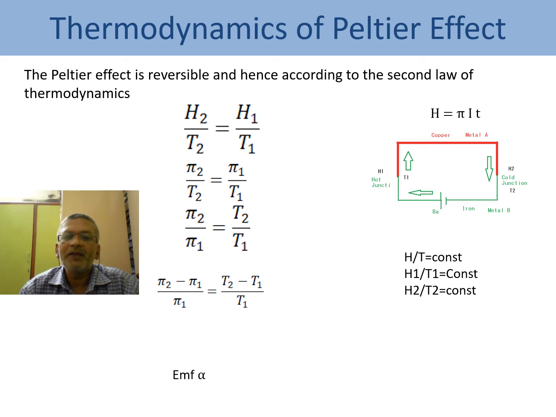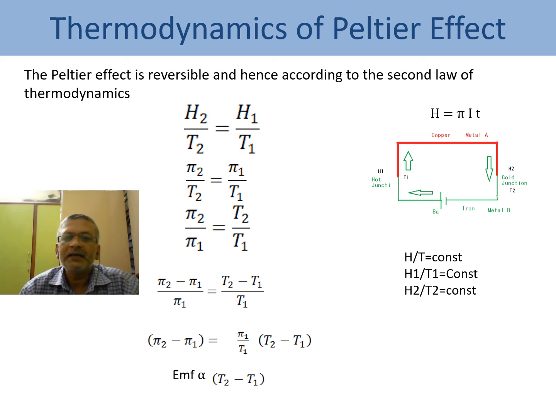Moving pi 1 to the right side, pi 2 minus pi 1 equals pi 1 upon T1 into T2 minus T1. Since the difference of Peltier coefficients is the EMF, and pi upon T is a constant according to the second law of thermodynamics, the EMF generated in the Peltier effect is directly proportional to the difference of temperature.